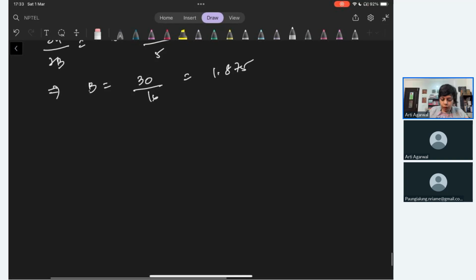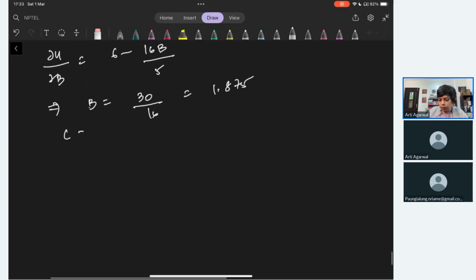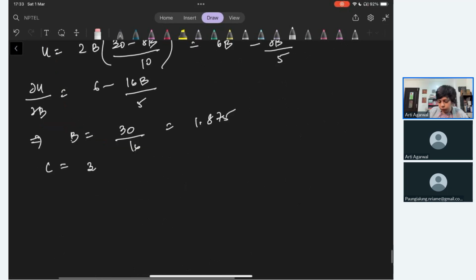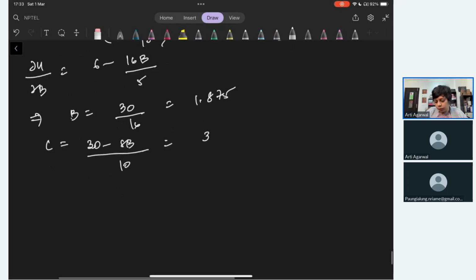And what we need to calculate is C. C is 30 minus 8B by 10. So just from common sense, you can see that instead of 3, we will get, okay, let's solve this actually. 30 minus 8 into 1.875 by 10.